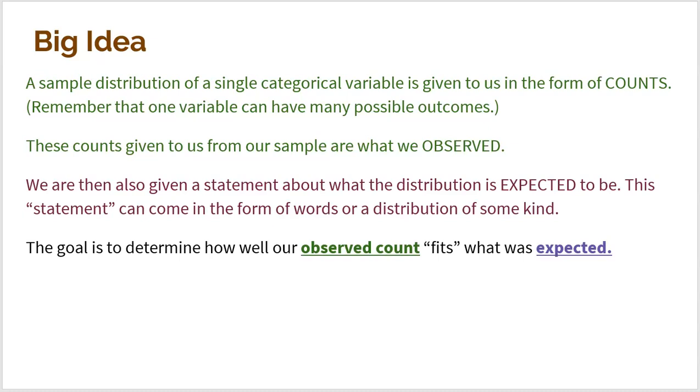So you're not only told what the observed data was, but also what the data was expected to be. This statement can come in the form of words or maybe a distribution of some kind. The goal is to determine how well our observed counts fit with what was expected. I know this may still seem a little new and confusing, but once we get through a couple of examples, it will make so much sense, trust me.